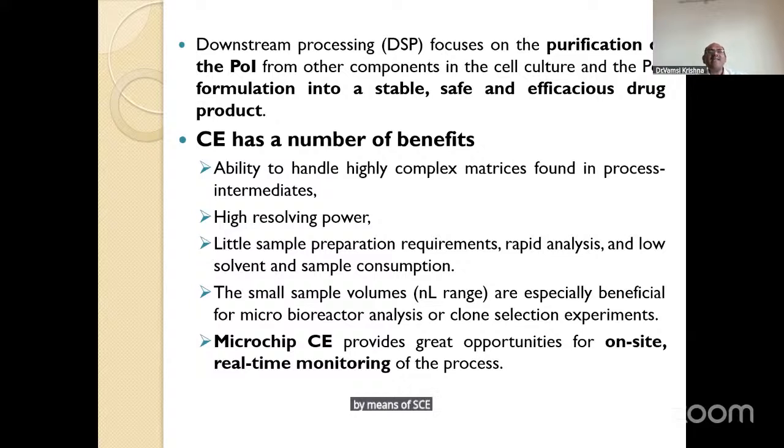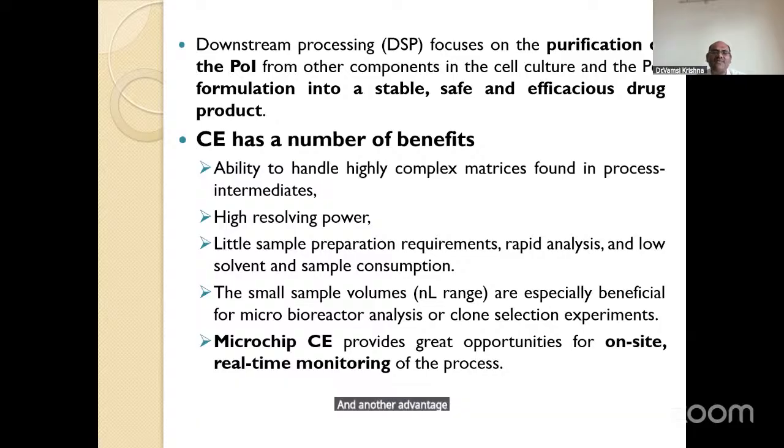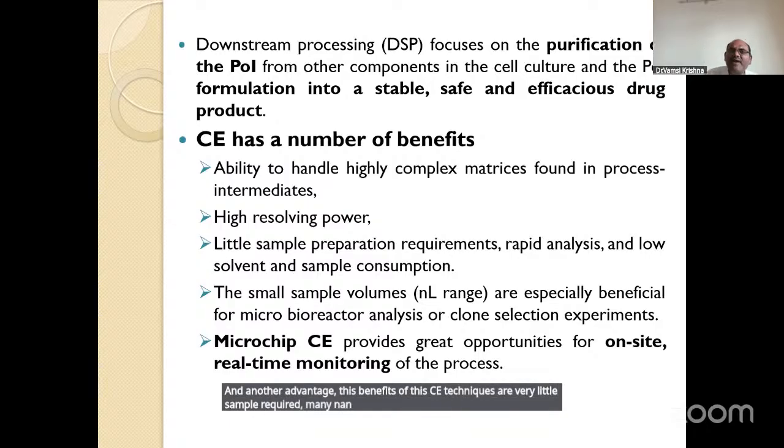Another advantage of CE is its high resolving power, with very sharp peaks and high resolving power between components. That is why we widely use this CE technique. Another benefit of CE is that very little sample is required, only nanoliters. Nanoliters are enough to analyze by CE.